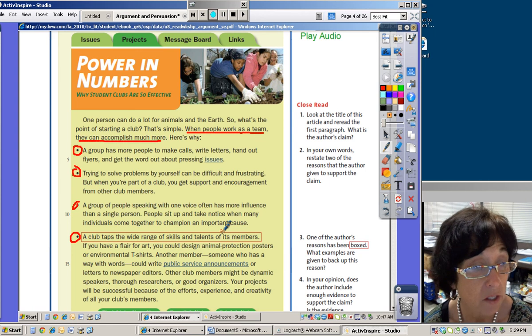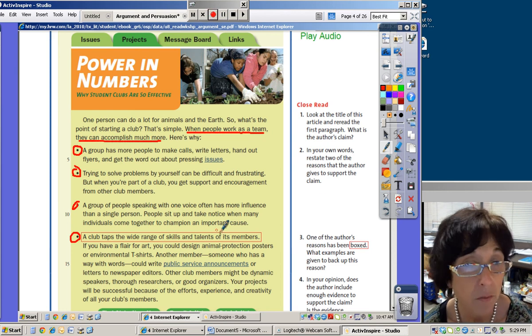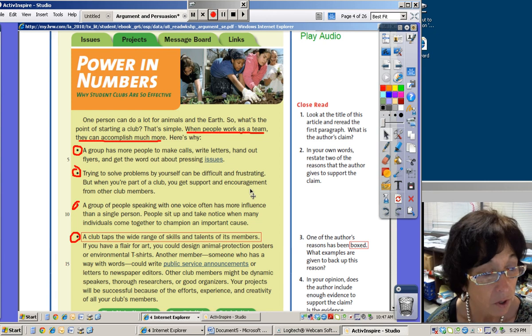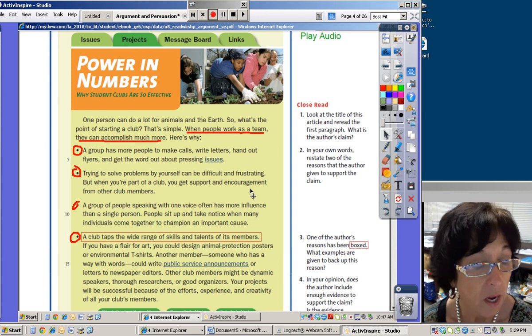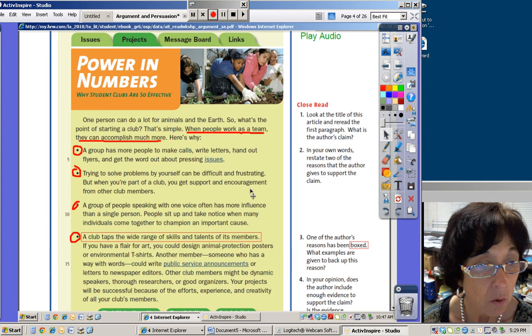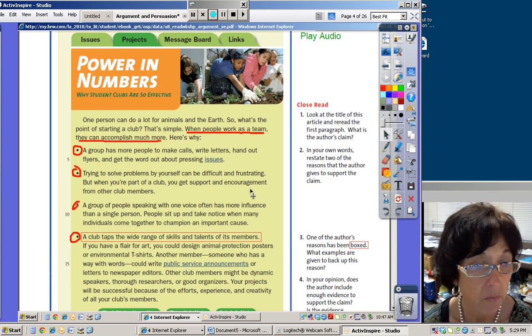The second one says trying to solve problems by yourself can be difficult and frustrating, but when you're part of a club, you get support and encouragement from other club members. Well, that's true. When you have a lot of people, they're there to help you. So the first reason that they give you is that when you have more people to do all the different jobs, one person doesn't have to do all of the work. And then the second reason is that with all those people working together, you get encouragement and support and help from the other ones.